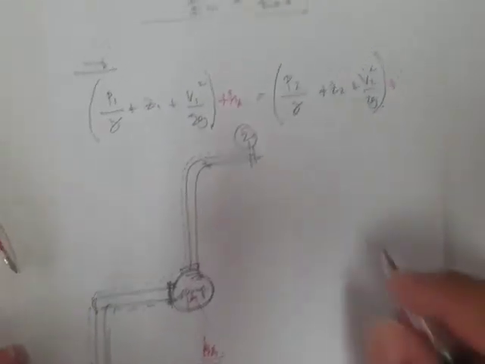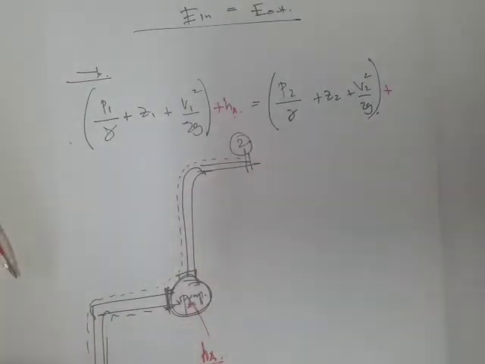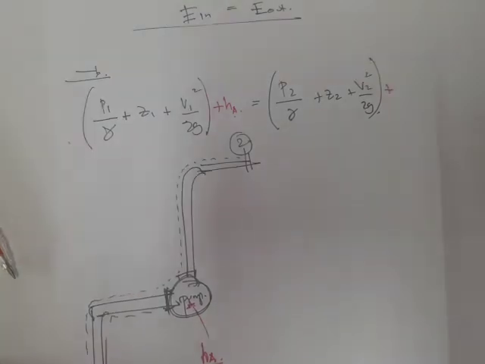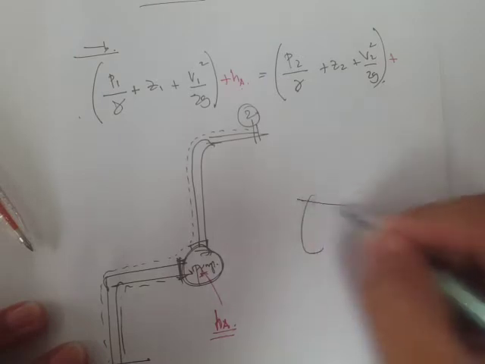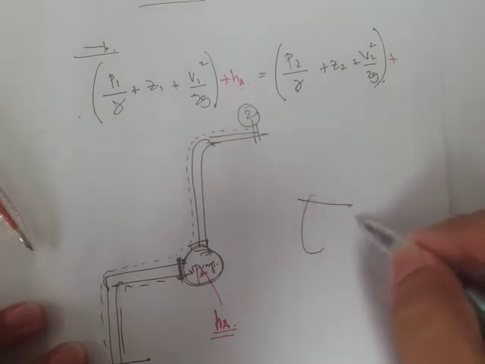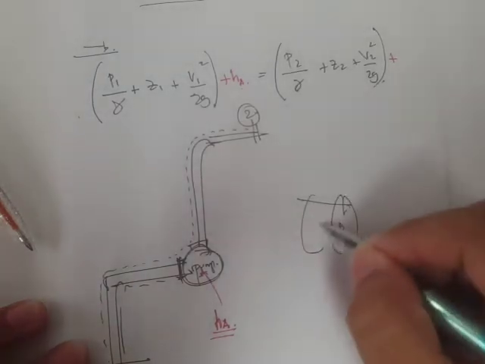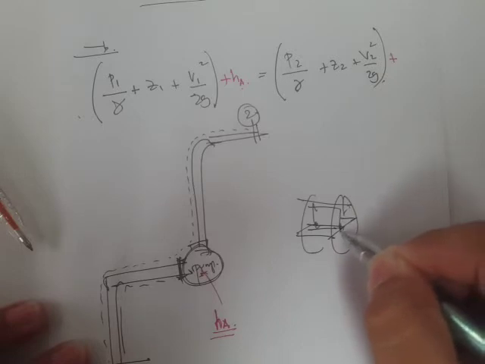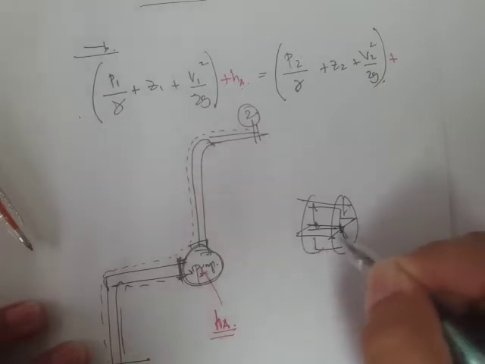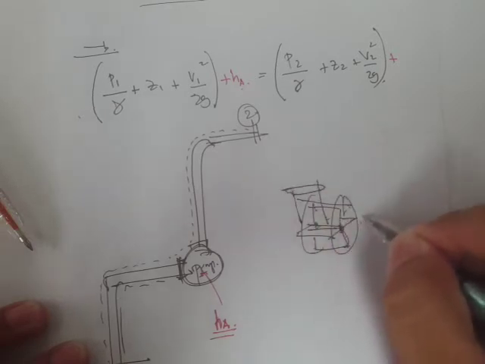And an example is a turbine. So for turbines, for example, we have this device, and let's say it has some impellers, right? Let's say this is our inlet, and this is our outlet.